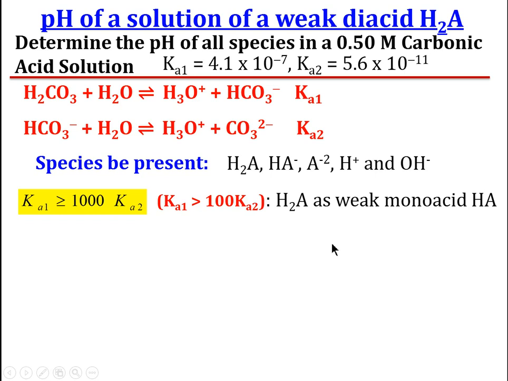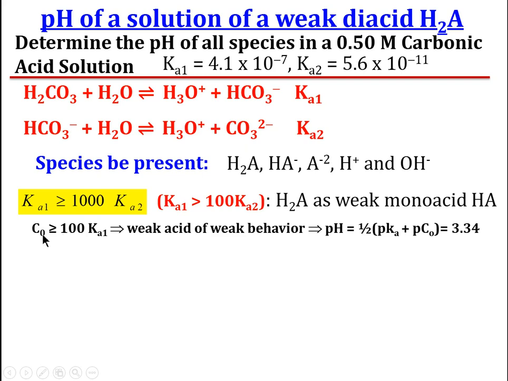We have to compare the initial concentration of H2A to the value of Ka1. Comparing C0 and Ka1, we will find that C0 is greater than or equal to 100 Ka1. So H2CO3 can be considered as weak monoacid of weak behavior.